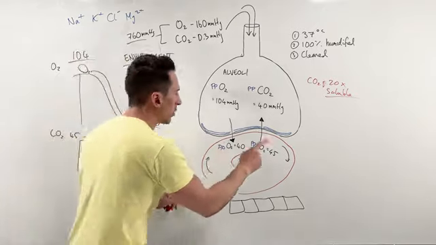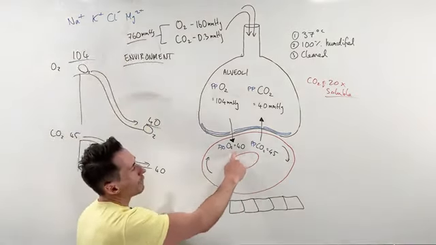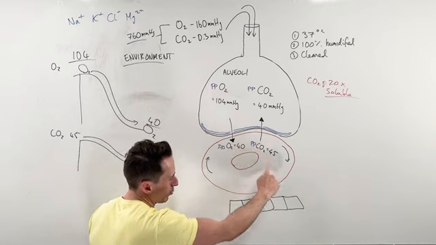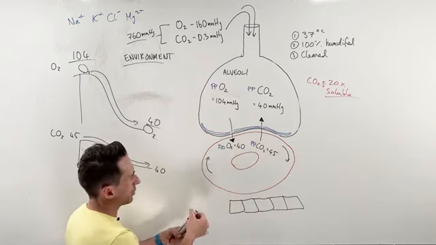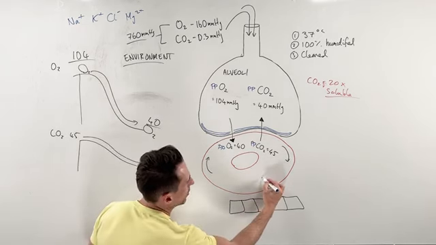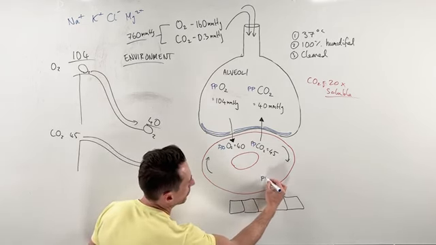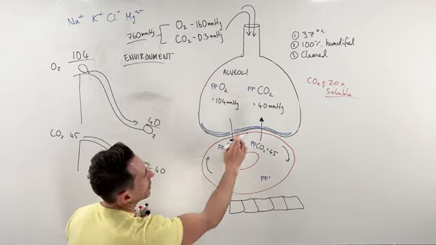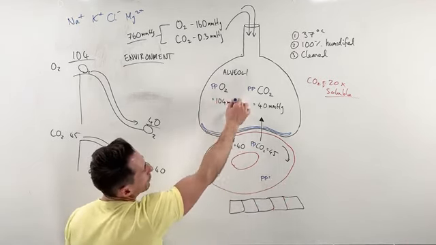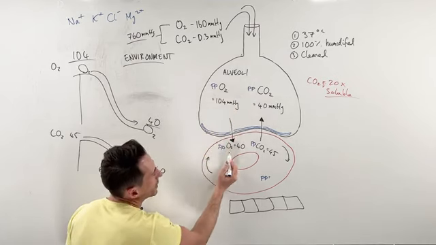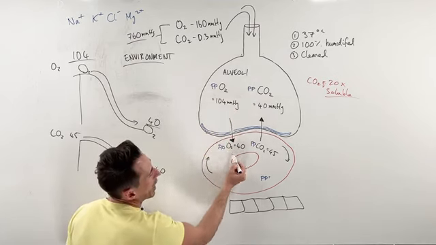Now that makes sense. So now in the bloodstream, we've got 40 millimeters of mercury of oxygen moving through and 45 of carbon dioxide. Let's first focus on the oxygen. Let's bring it down here. So we've got the partial pressure of oxygen. Now here's the thing, sorry, let me just take one step back. It's going from 104 down to 40, which means that's going to be a higher number, right?